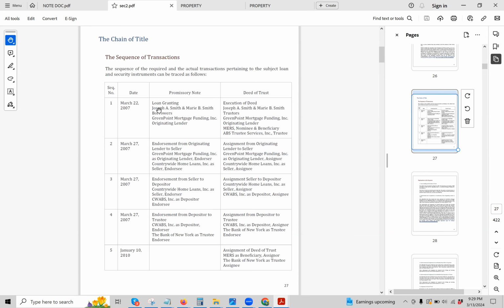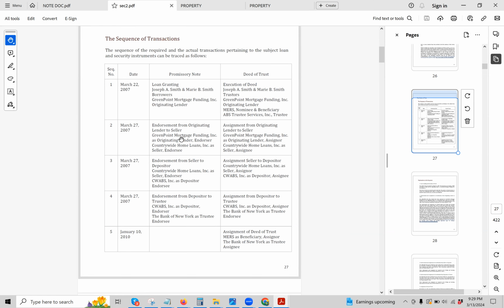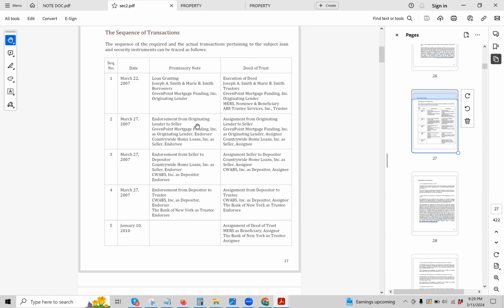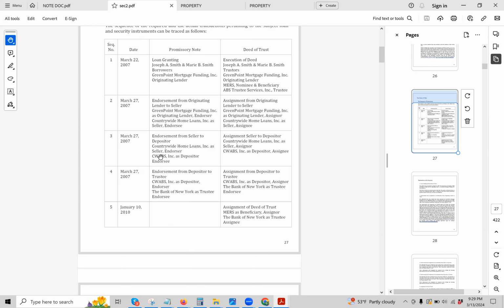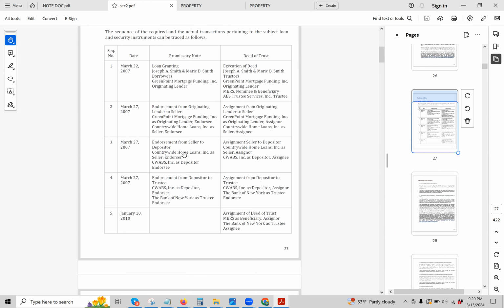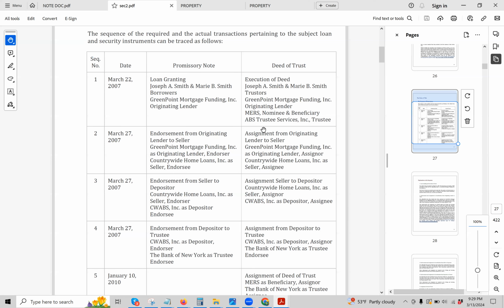It shows there was a note, and then an endorsement from the originating lender to the seller, then from the seller to the depositor, and from the depositor to the trustee. This gives you a flow of the securitization that you can understand better from this angle.